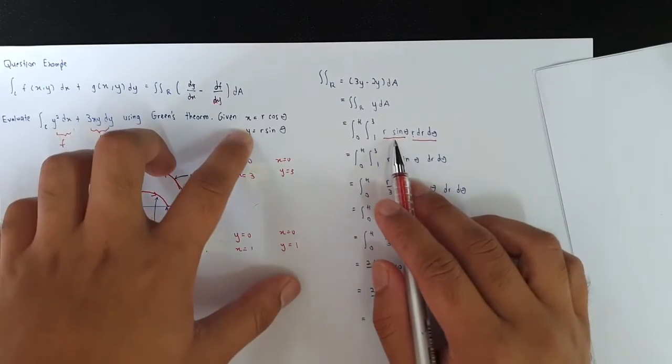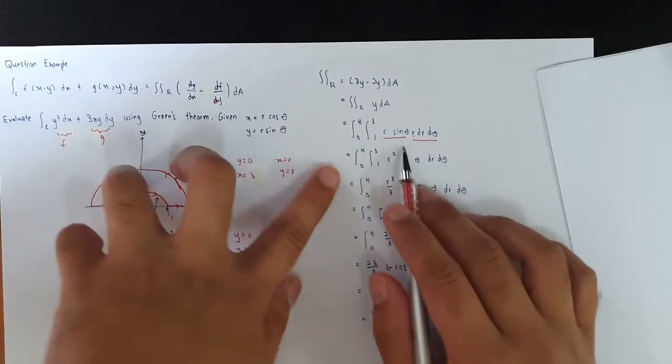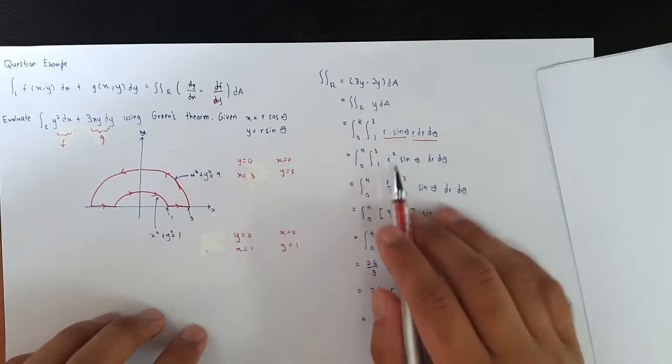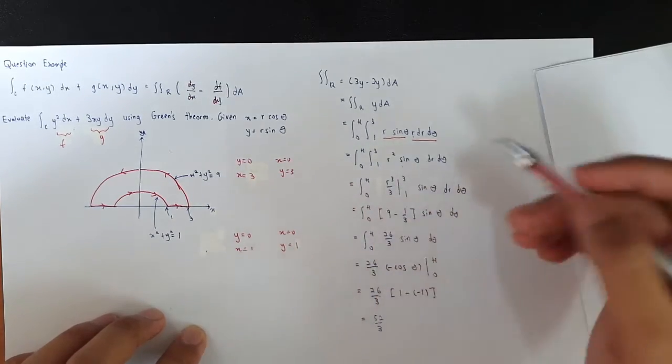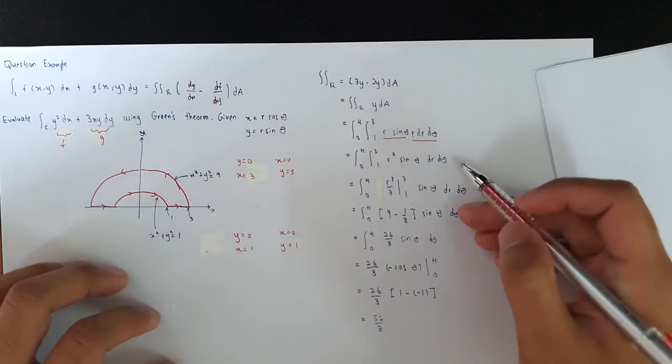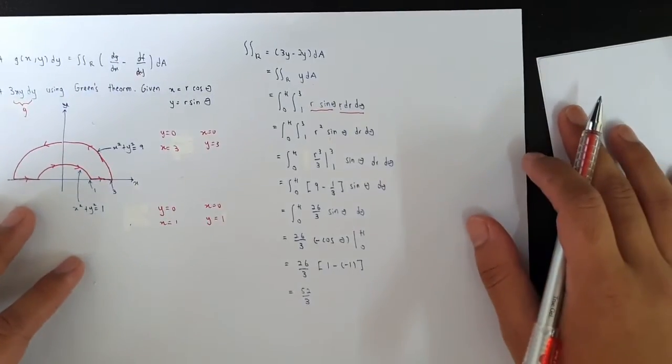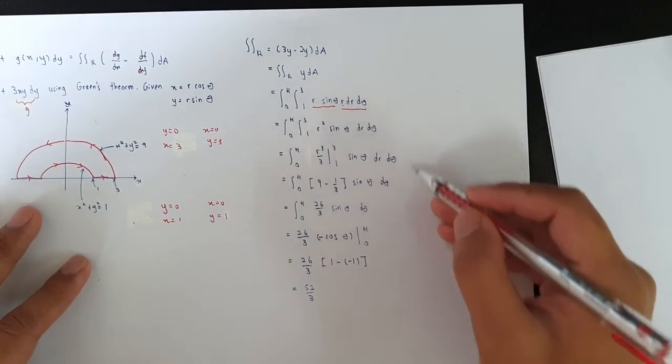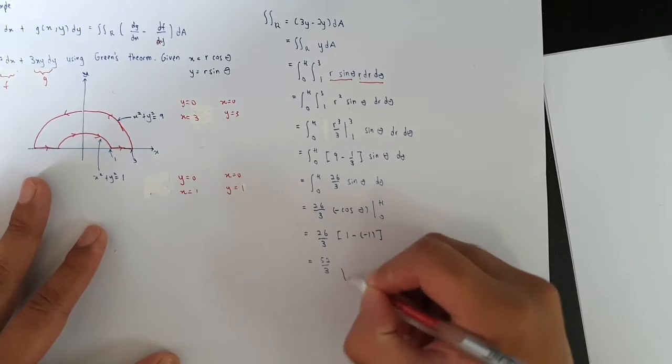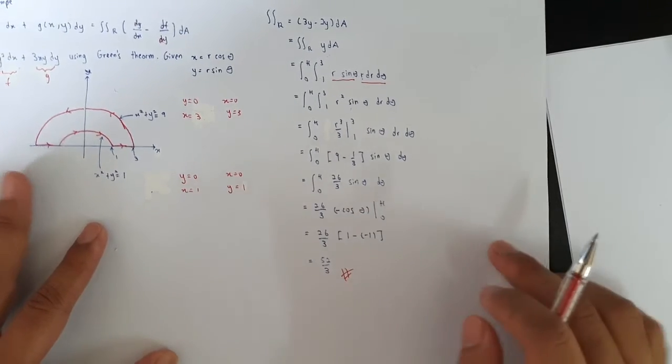We substitute y with r sine theta, do the basic calculation, and finally we get the value of 52/3.